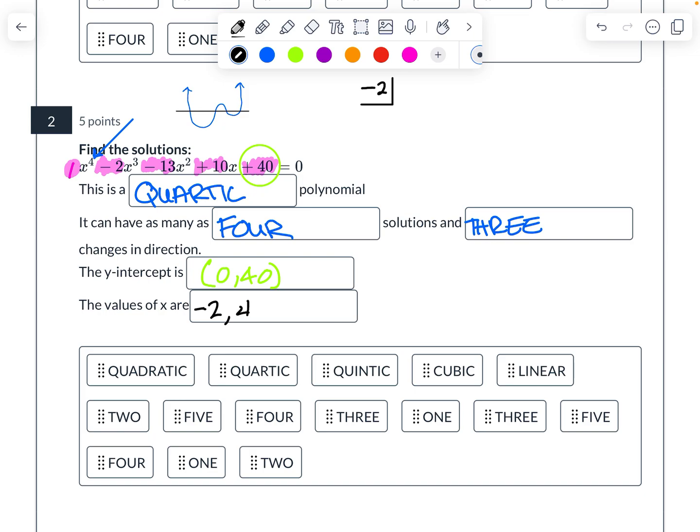So I'm going to take the 1, and the -2, and the -13, and the 10, and the 40. I'm going to put them right here, leave a space, put an equals bar, and bring the first number straight down. And from there, I'm going to multiply and add, and multiply and add, and multiply and add.